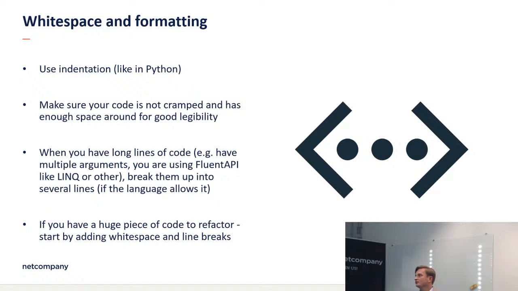And if you have a huge piece of code to refactor, it's often a good idea to just start adding whitespace and break up long lines into shorter lines, and just give yourself more space to understand the code, and then you can try to introduce new functions and make the code more compartmentalized.